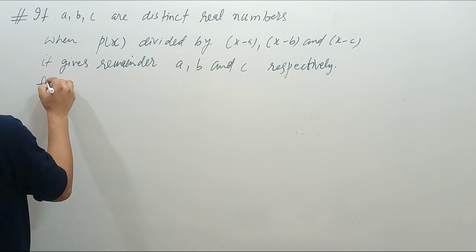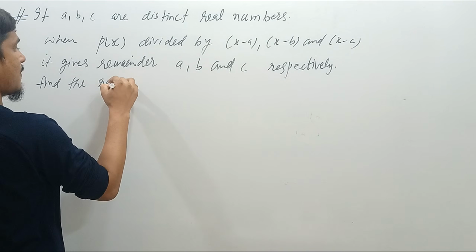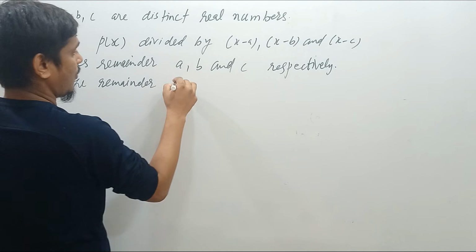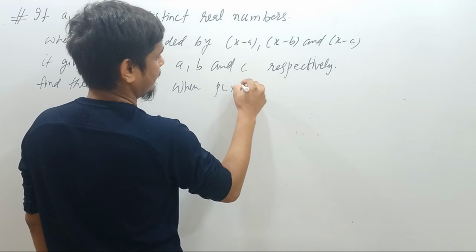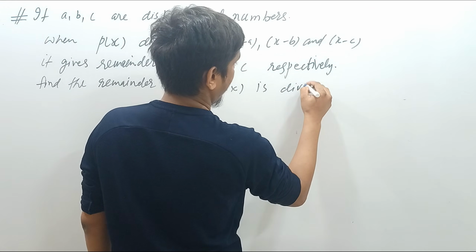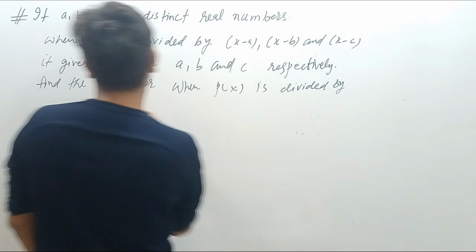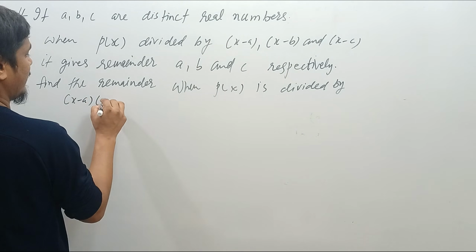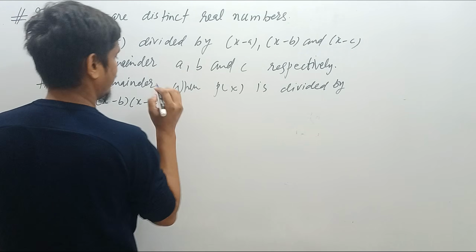Find the remainder when p(x) is divided by x minus a times x minus b times x minus c.